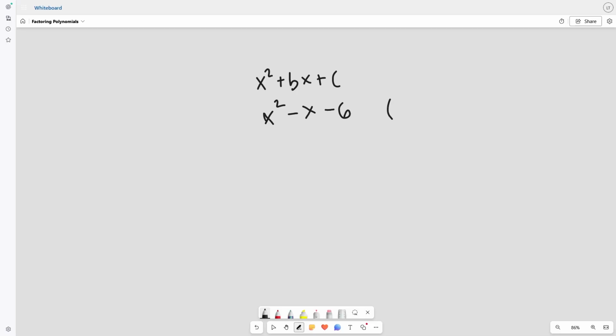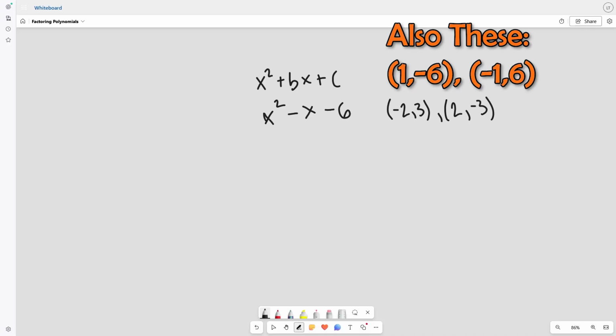So you have -2 and 3 as factors of -6. Multiply those together, get -6. Or it could be +2 and -3. And so now you want to ask yourself, which pair of these numbers adds together to equal -1?